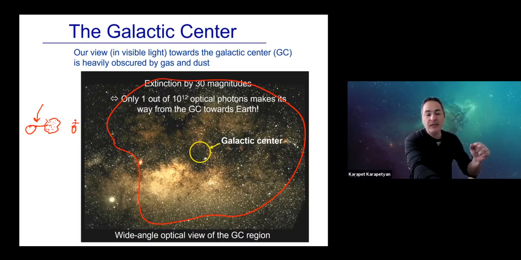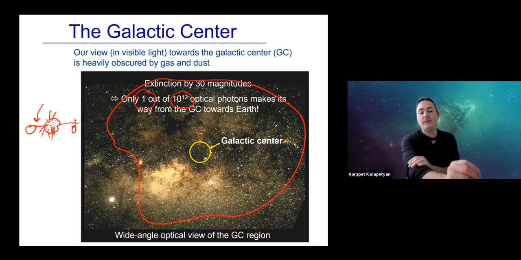What happens is that they get scattered so much that by the time you see something, only about 1 out of 10 to the 12 photons reach Earth.